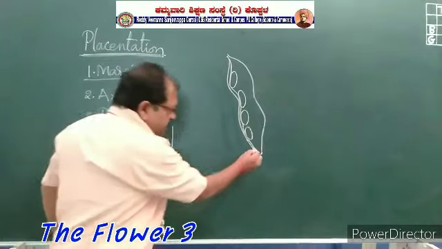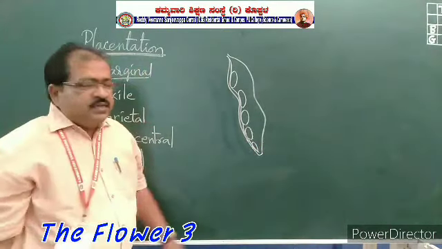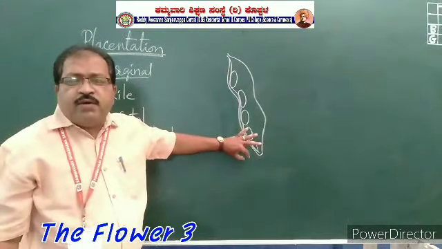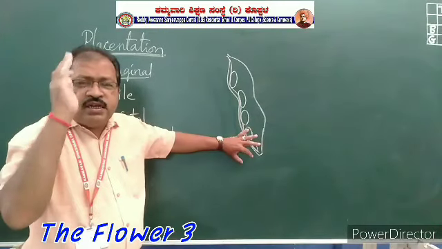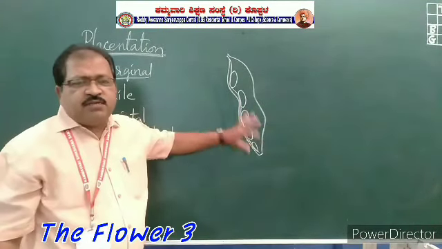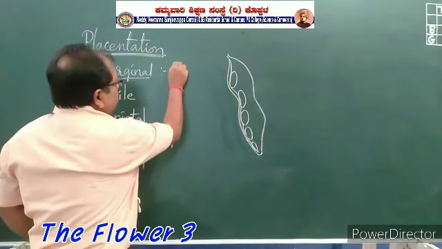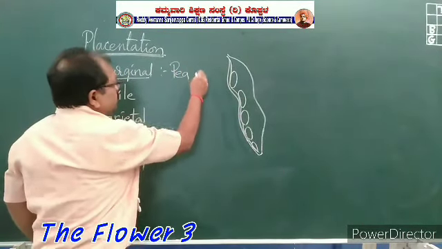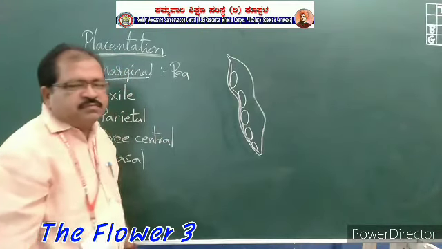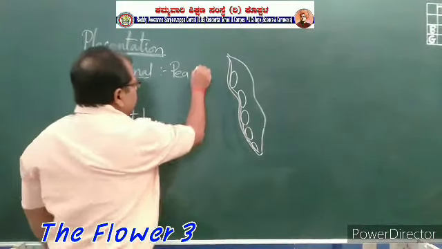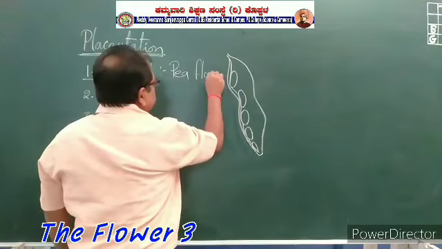The seeds are arranged at the margin. This condition of placentation is called marginal placentation. The example is the pea flower or pea plant.